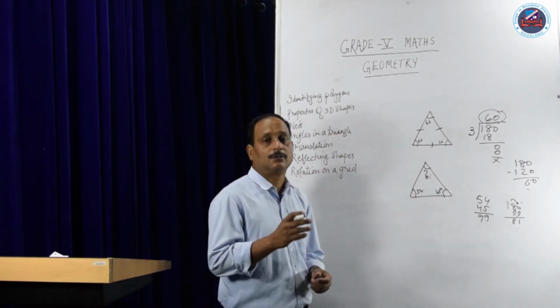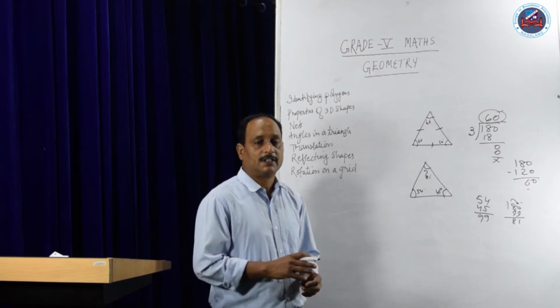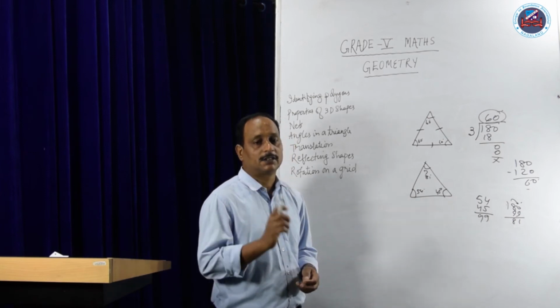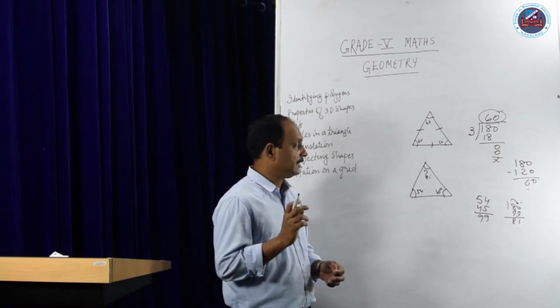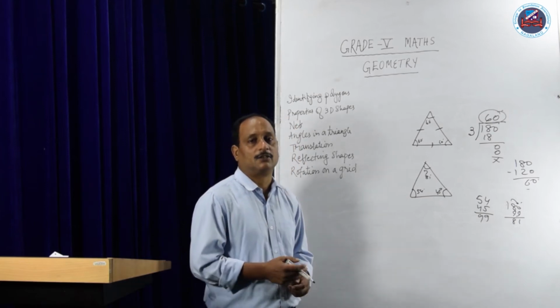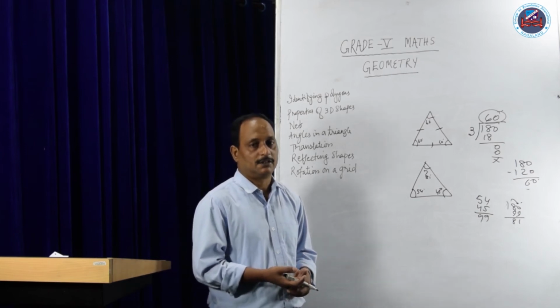In order to know the measure of any angle in a triangle, we have to follow this process to know the third angle. It may be an isosceles triangle, or an equilateral triangle, or scalene, or obtuse, or acute, whatever it may be.